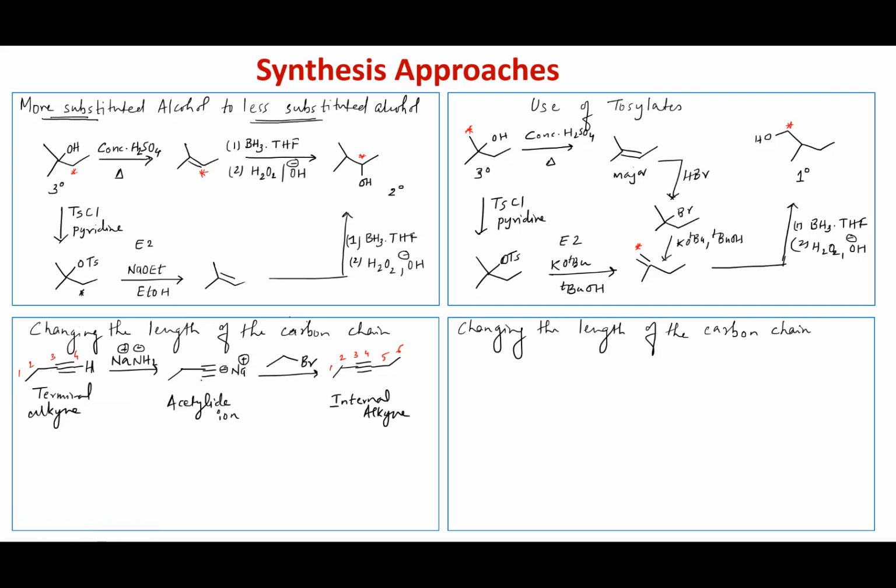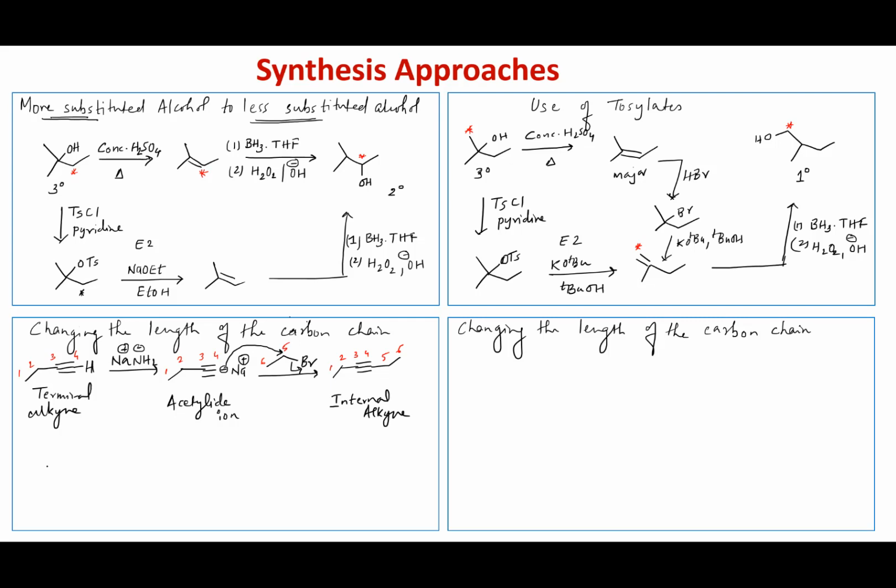Just to track it again, we have 1, 2, 3, 4 carbons here, and I'm essentially bringing in 5 and 6, so total 6 carbons. This is just an SN2 reaction where the nucleophile attacks and the halogen is kicked out, so I get that internal alkyne.